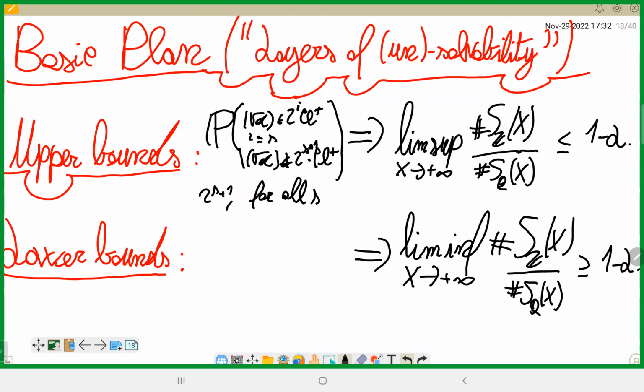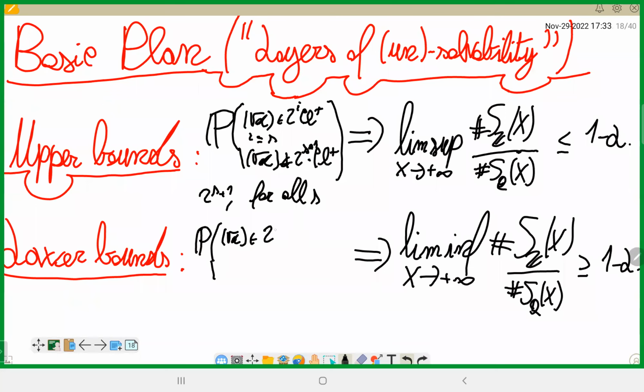and in the end, the plan is basically to get from here that the lim sup is at most 1 minus alpha. And for the lower bounds, you also have to witness that square root d is a multiple this time. It cannot fail any power of 2. But the class group is finite, so there is some power of 2 that will be enough for every d.